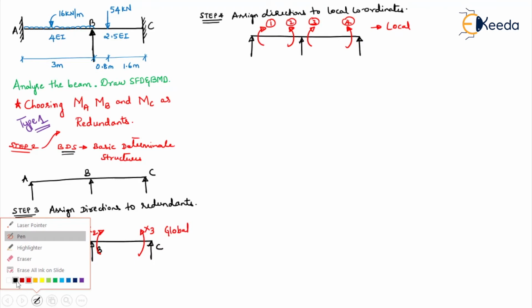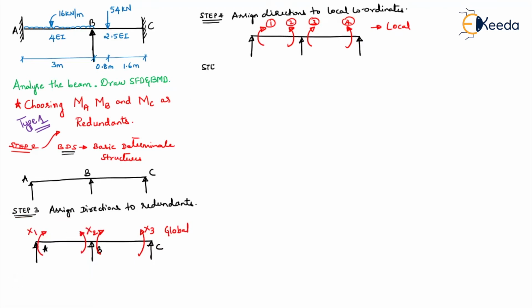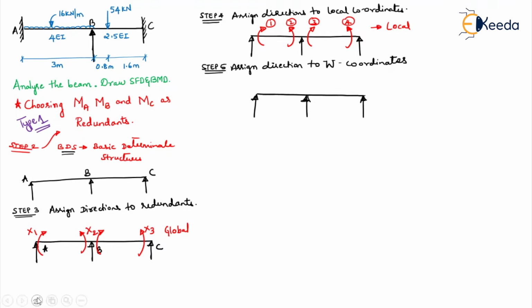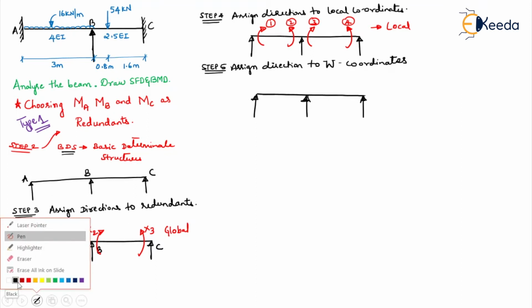Once you're done with your local coordinates, you have to assign your W coordinates. This is an extra step in the flexibility matrix method. So assign directions to W coordinates. If there are only moments, your W coordinates also will be only moments. But if there is any vertical reaction in your global coordinates, you need to consider the vertical reaction in the W coordinates as well.